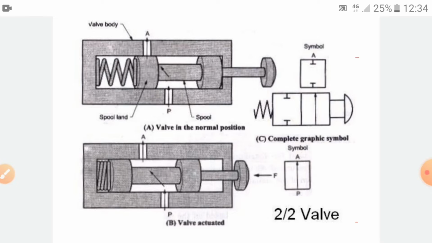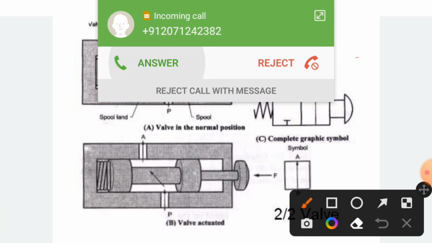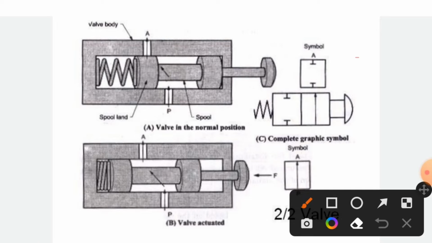So both types of valve, two-way and two position valve construction are shown here, as well as inside. This is a symbolic presentation of the two-way and two position directional control valve. This figure shows the complete graphical symbolic presentation.